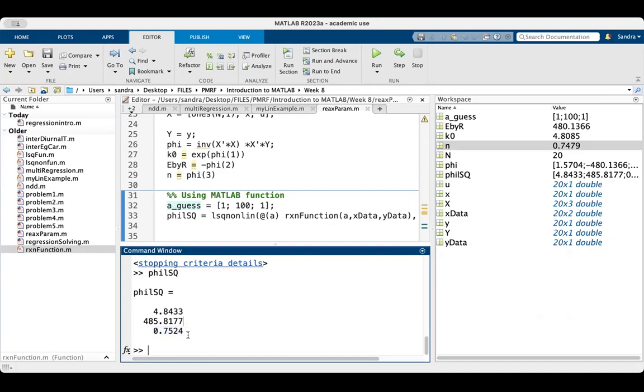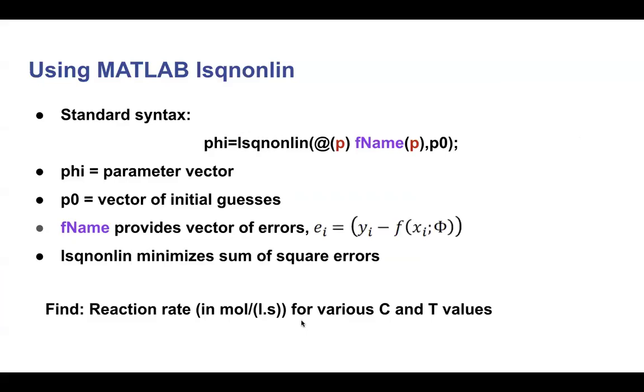But you get the range of values which is correct. So this is how you solve it. Any doubts? If you don't have any doubts, let's go on to the next topic.